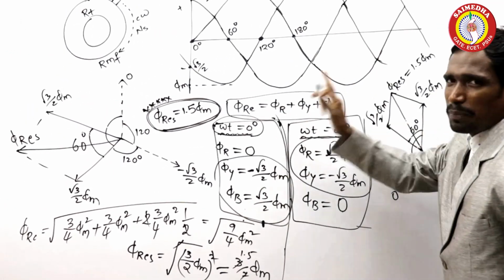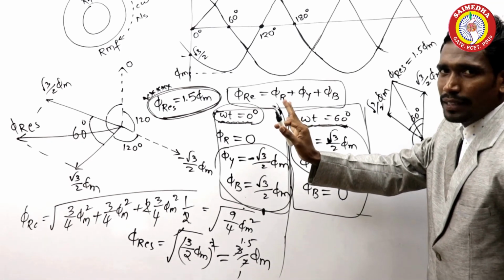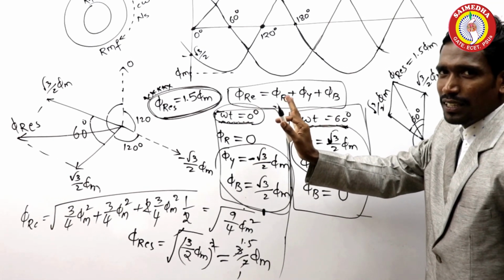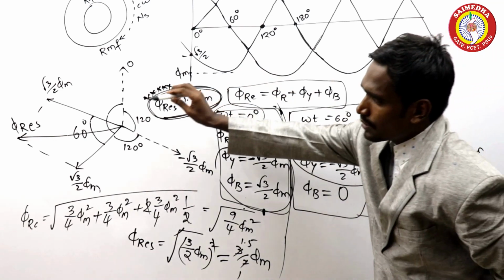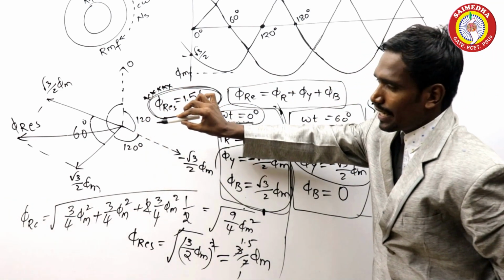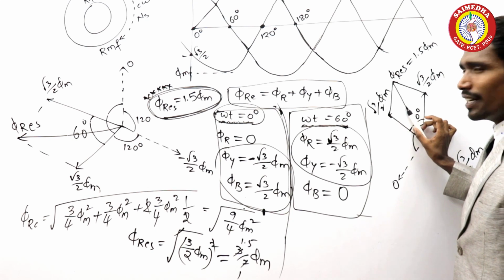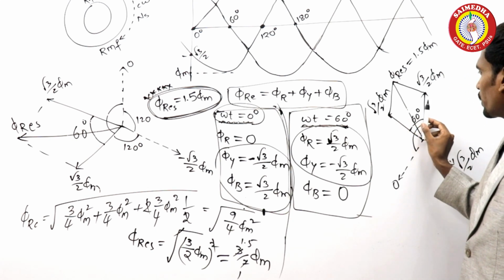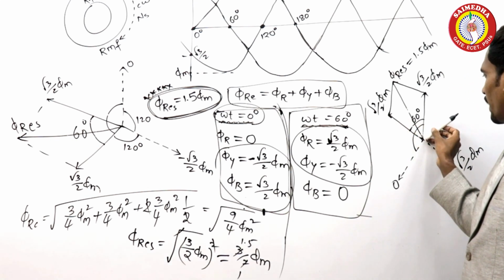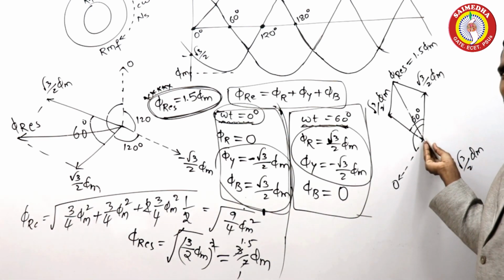Just cover all these points, the final touch, listen carefully. At omega t equals 0, this is my resultant flux direction. At omega t equals 60, the flux direction is here. At 120, here. At 180, it will shift to here.